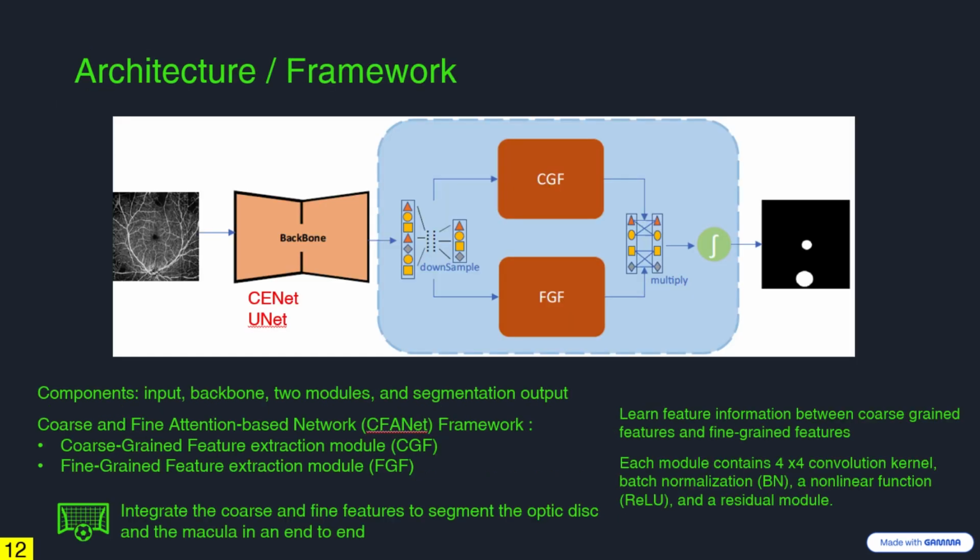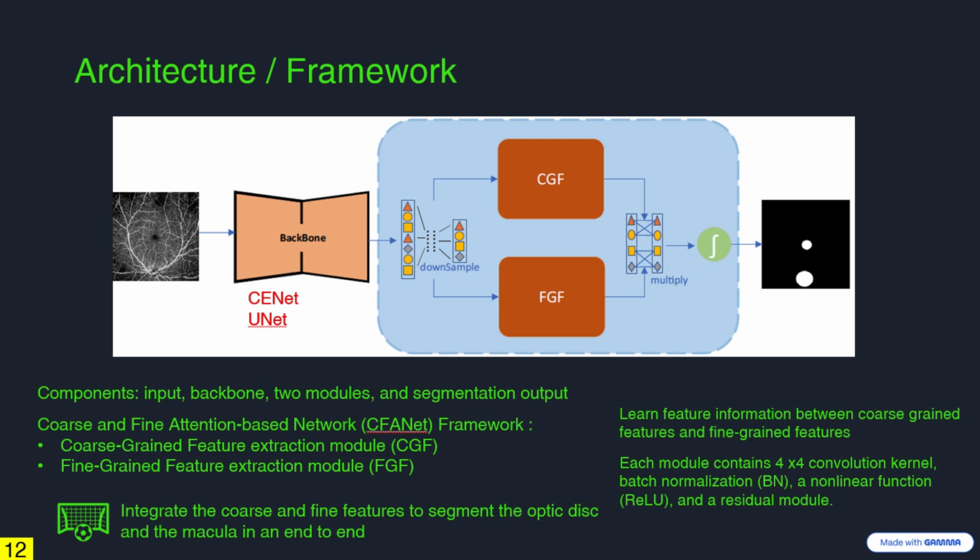Now we will talk about the framework or the architecture of this deep learning model. Given a retinal OCTA image with an optic disc and a macula, the proposed network will output the segmented image of the optic disc and the macula. In this picture we can see the overall framework that consists of four main components: input, backbone, two modules, and the segmentation output.